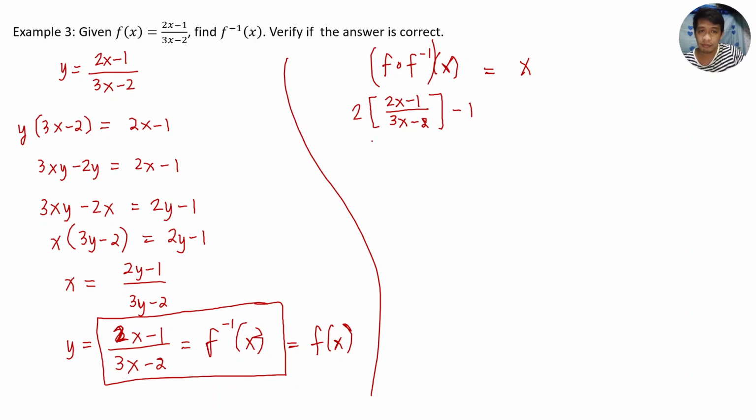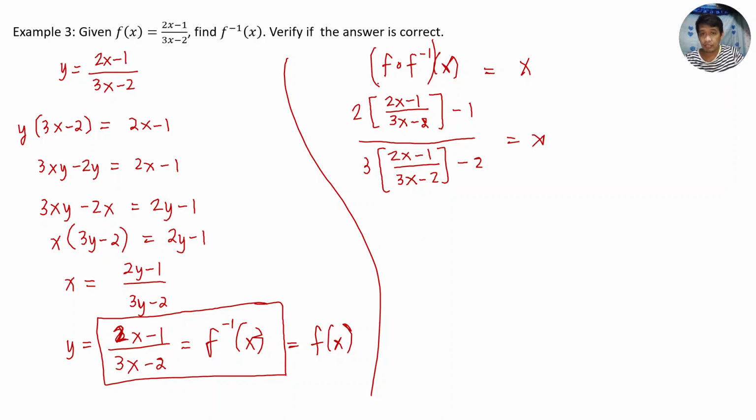Minus 1 all over 3 times the quantity, that's 2x minus 1 over 3x minus 2 minus 2. And that must be equal to x daw.